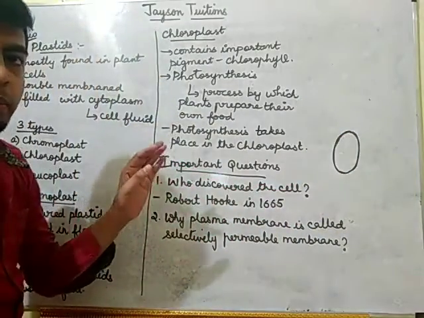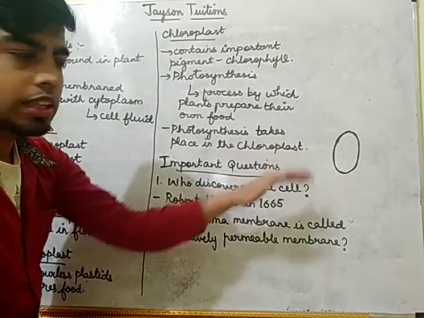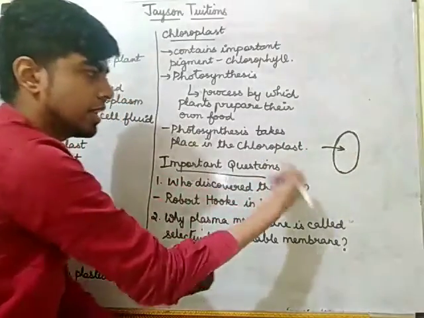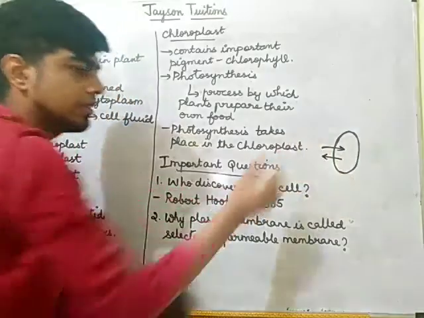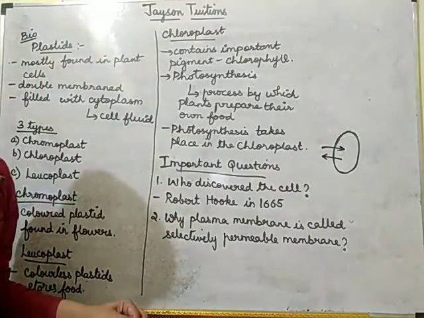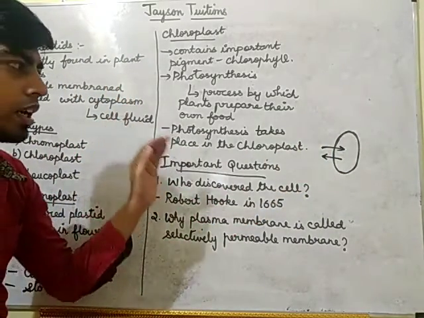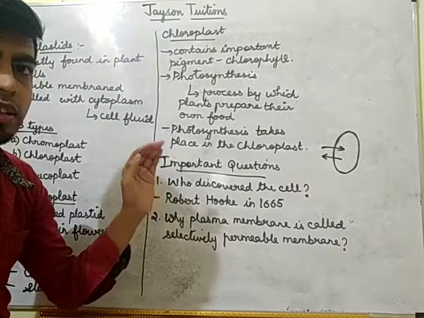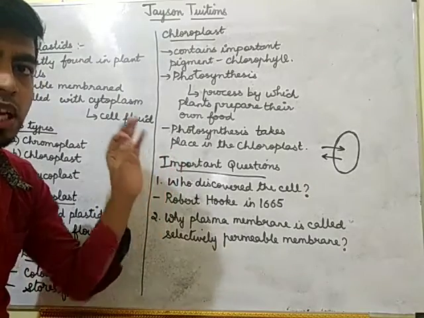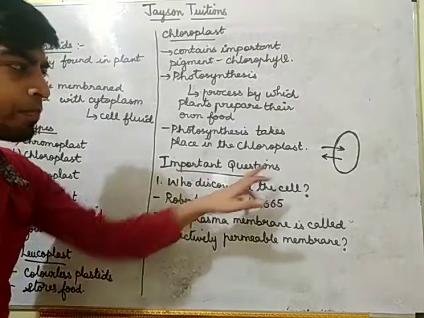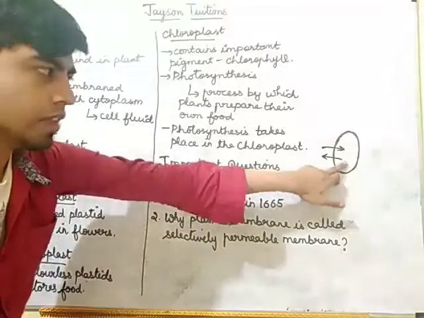The plasma membrane will not allow all the substances inside the cell, and it will not allow all the substances to go outside the cell. Only the substances which are not harmful to the cell will go inside.